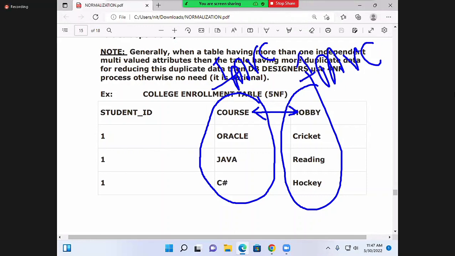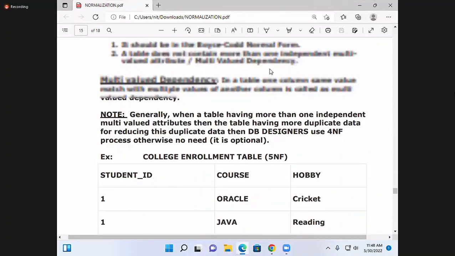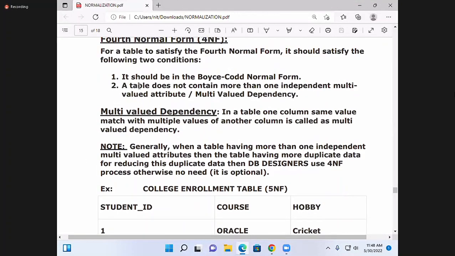Now tell me, in this table, how many independent multi-valued columns are there? Two. One is hobby, one is course. So in this table there are two independent multi-valued columns. But as per the fourth normal form, a table should not contain more than one independent multi-valued column.